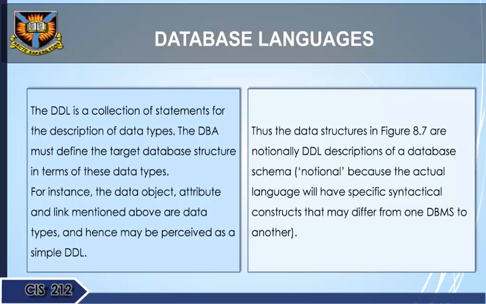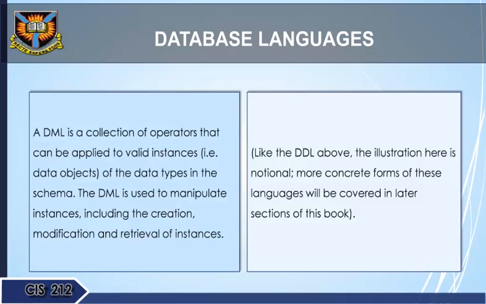Notional because the actual language will have specific syntactical constructs that may differ from one DBMS to another. A DML is a collection of operators that can be applied to valid instances, that is, data objects of the data types in the schema. The DML is used to manipulate instances, including the creation, modification, and retrieval of instances. Like the DDL above, the illustration here is notional. More concrete forms of these languages will be covered in later sections of this book.